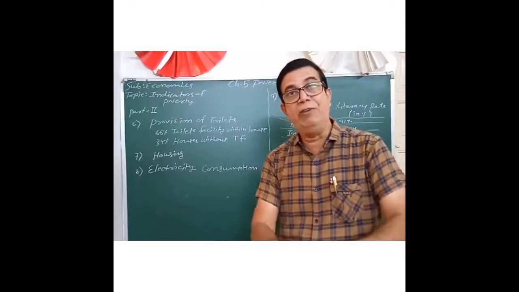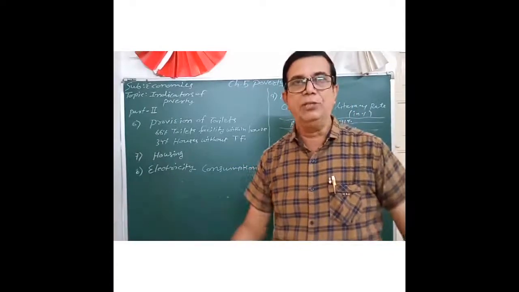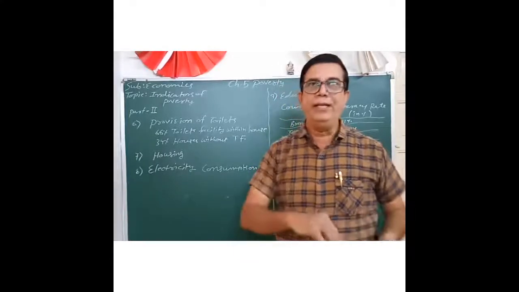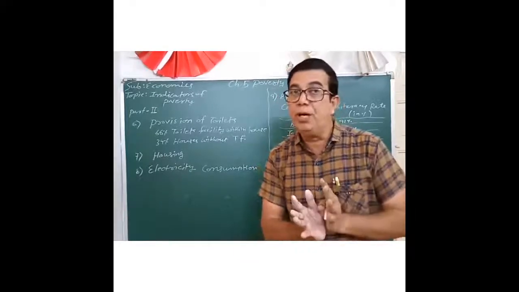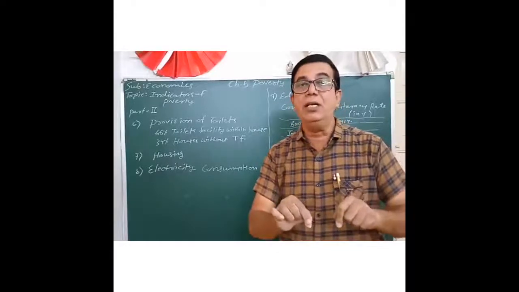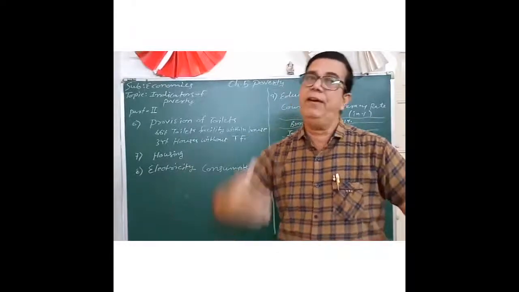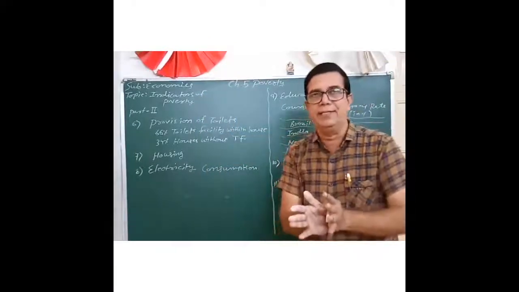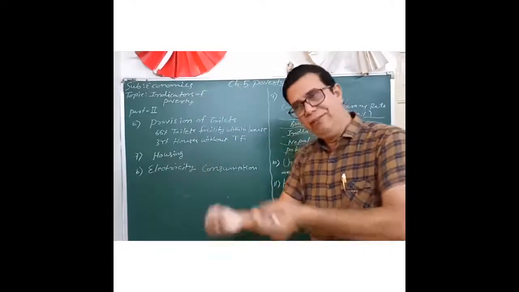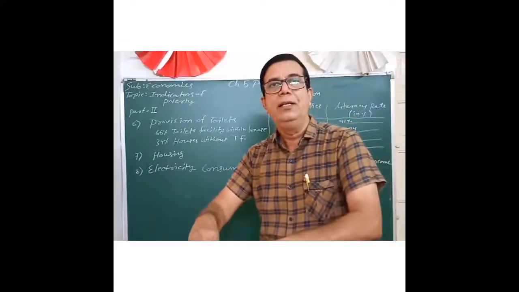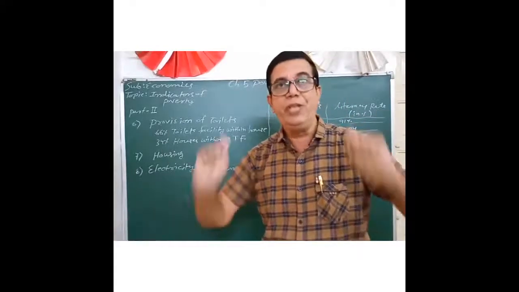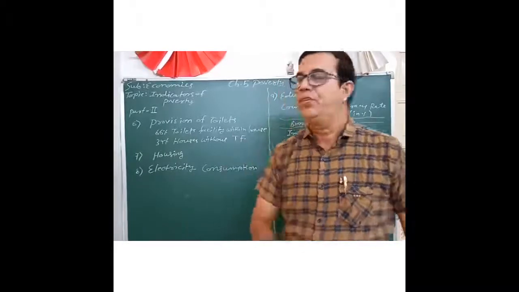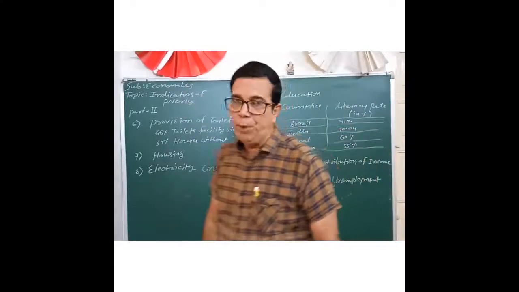Even in developed states like Gujarat, Maharashtra, Tamil Nadu, Delhi, there is the problem of electricity, because the demand is very high, but on the other side the production is less. So in developing states like Gujarat, in some villages there is still no electricity connection. So this is an indicator of poverty.